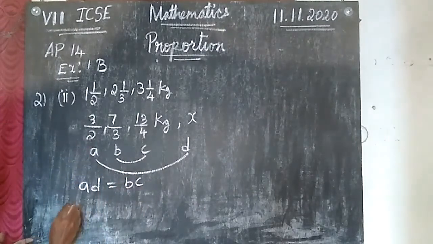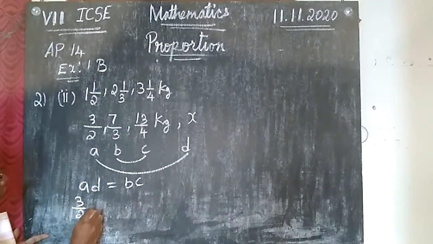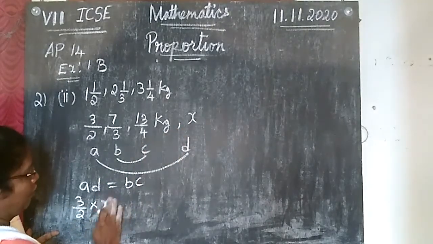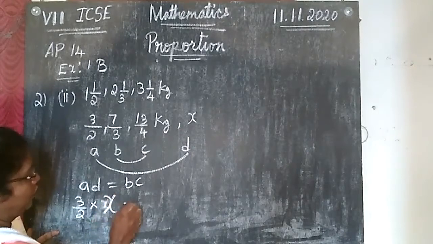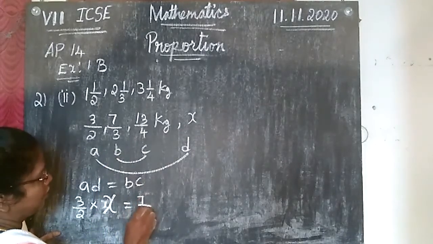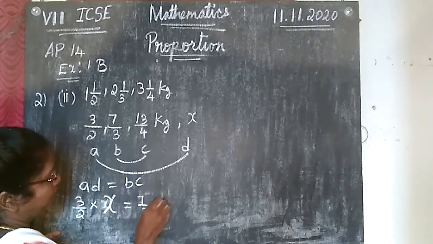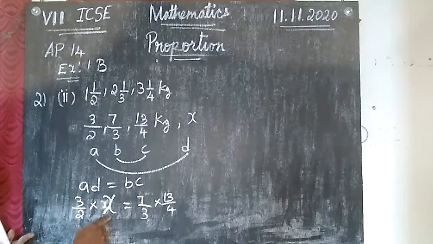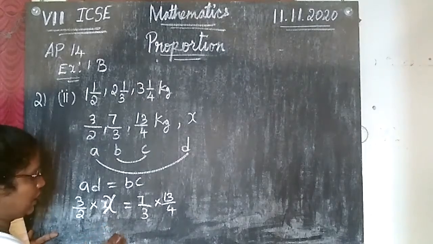What is A here? 3 by 2, into D, which is X, we don't know. What is B here? 7 by 3. What is C? 13 by 4. Now I must find out the fourth proportional, that is X.